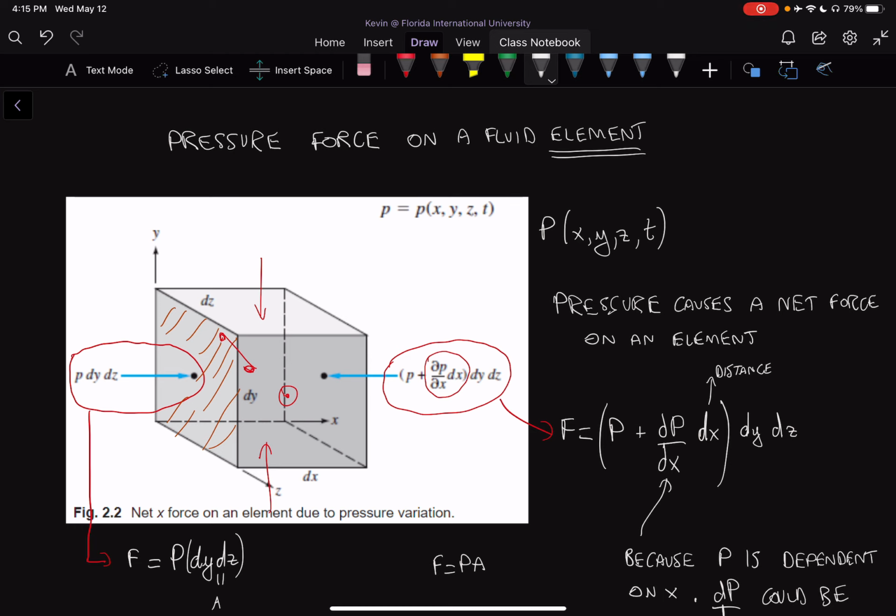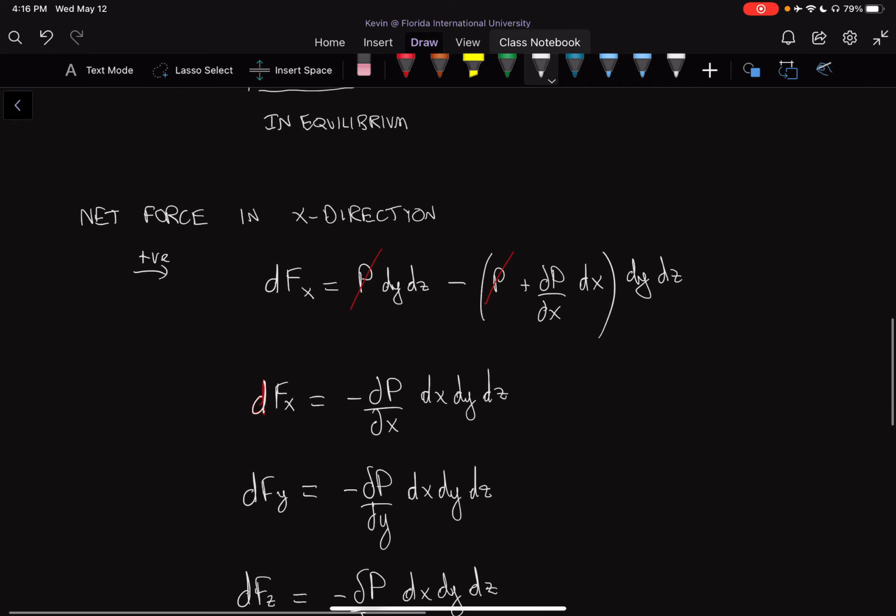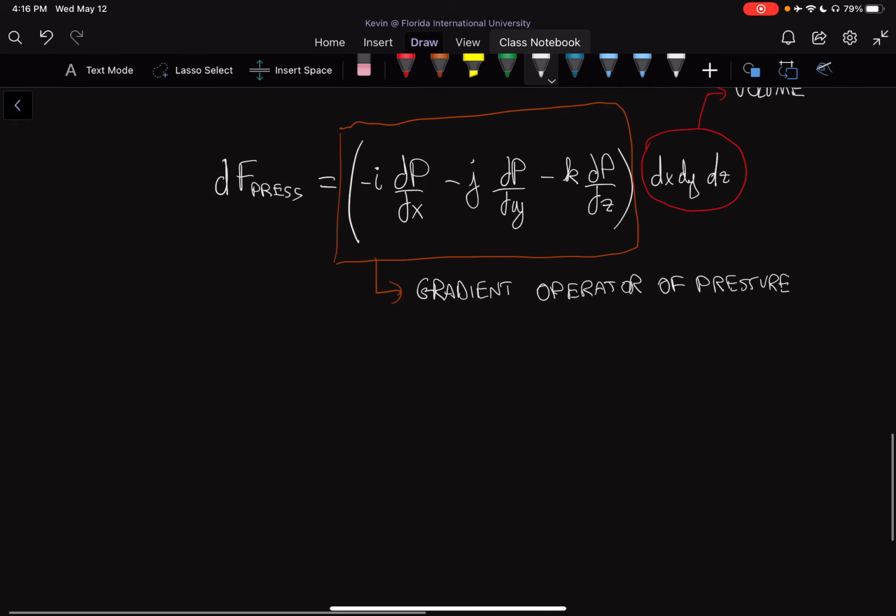The net force vector would be equal to zero. Now in this case, if we have random pressure applied in the x, y, and z direction, the difference in pressure and the net pressure force vector would be not zero. Okay, so that's the equation for when it's non-zero.